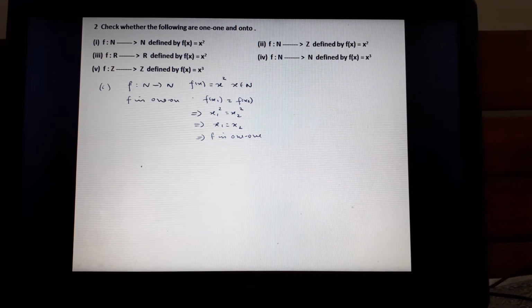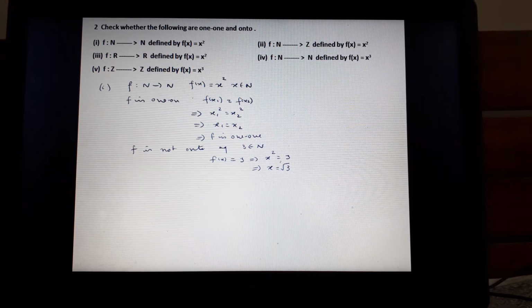f is not onto because you can give this reason. For example, 3 belongs to N. This is here the codomain. Now f of x equal to 3 implies x square equal to 3. So this implies x must be equal to root 3.